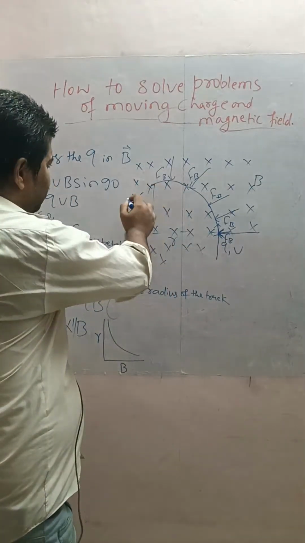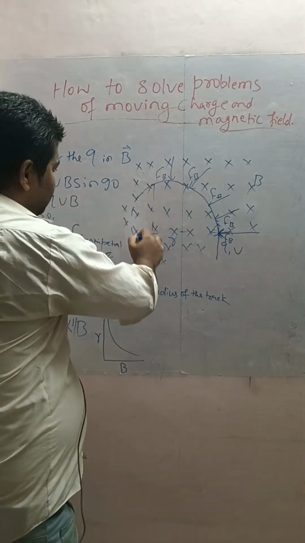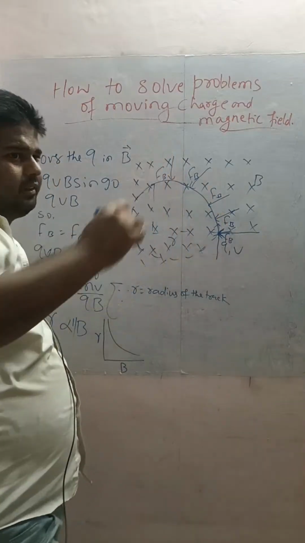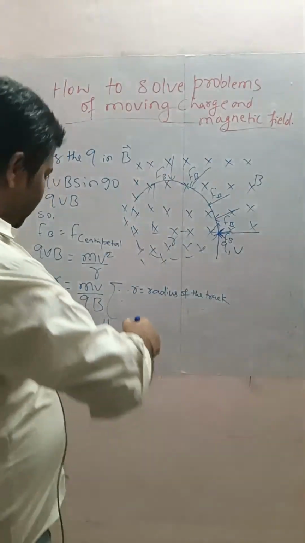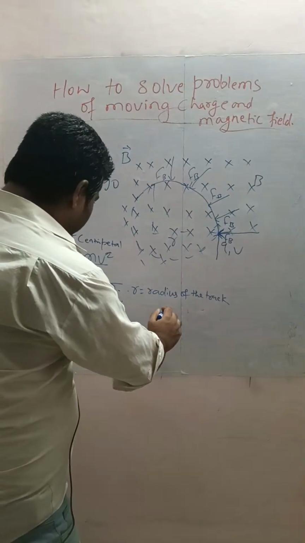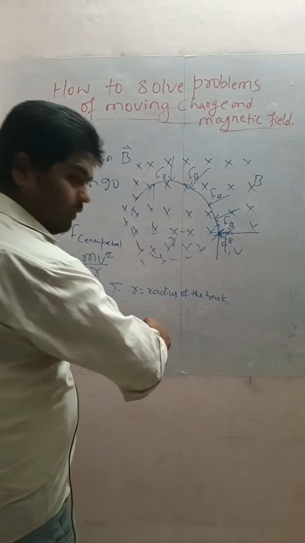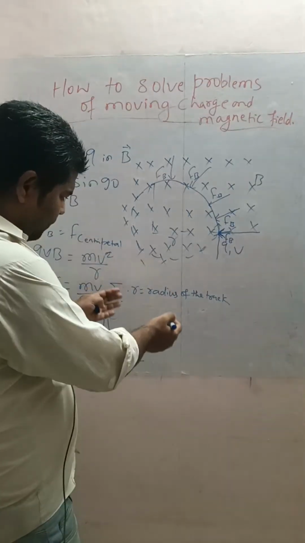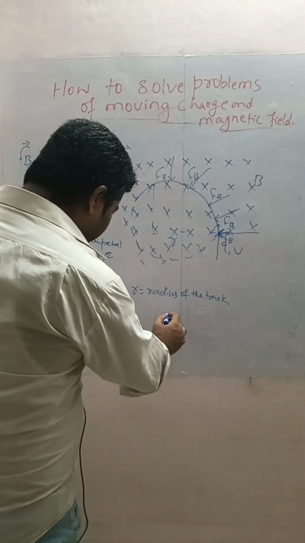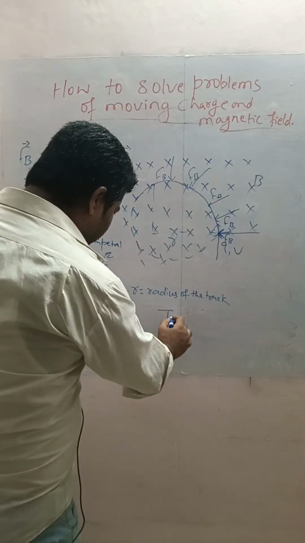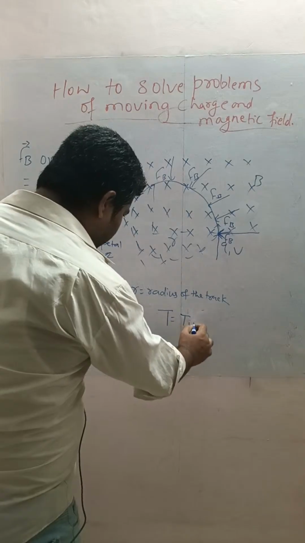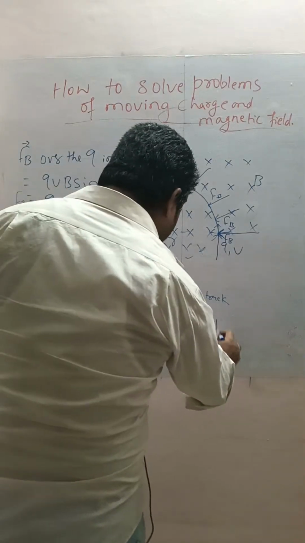Then it will go in a perfect circle. And if it will go in a perfect circle, then you can ask for the time period.